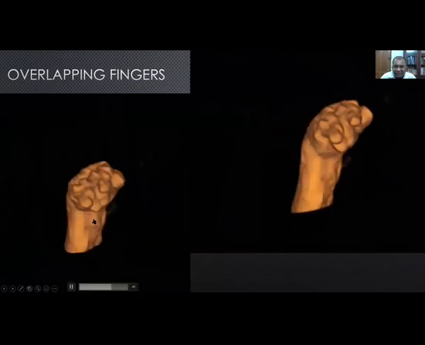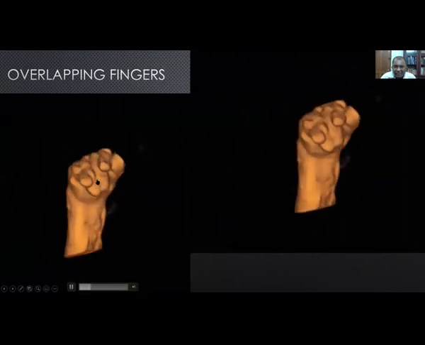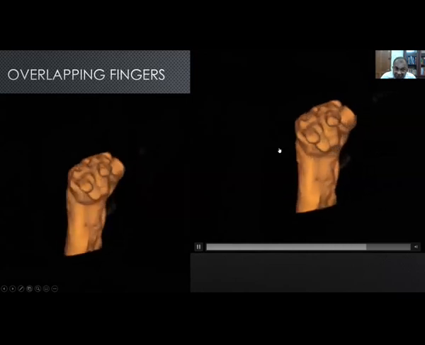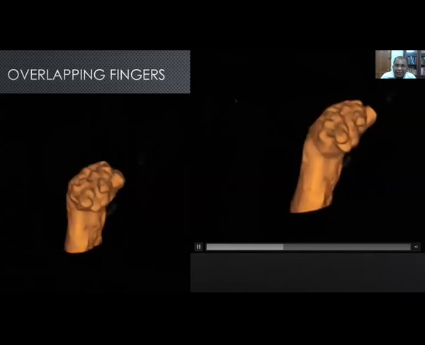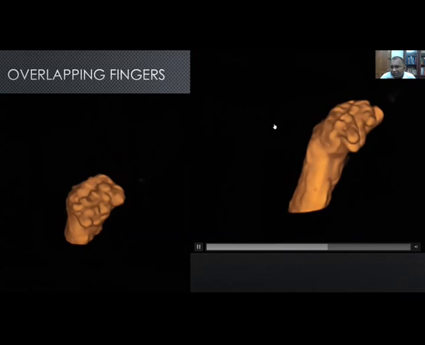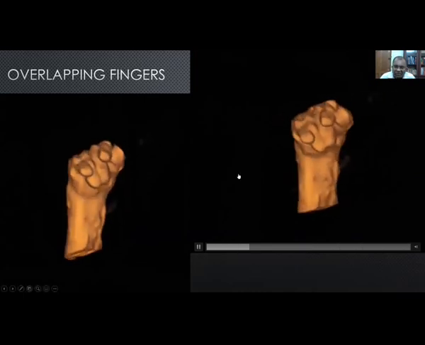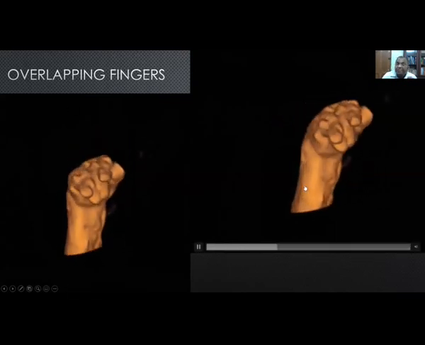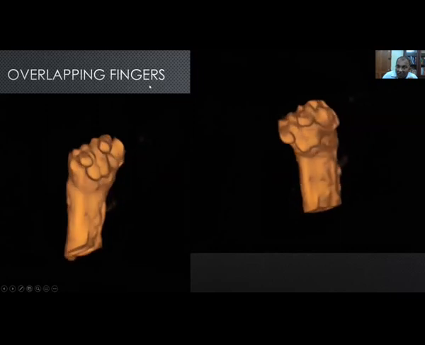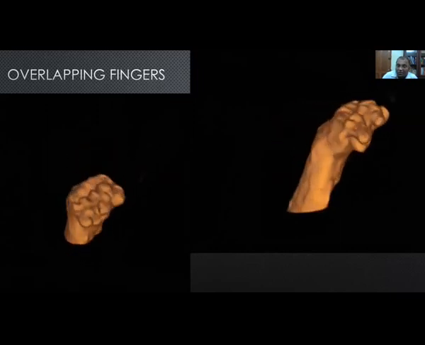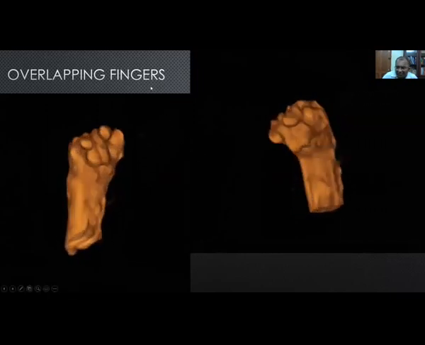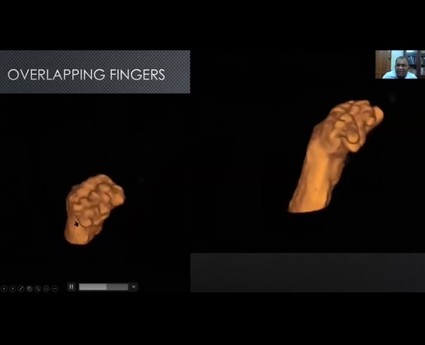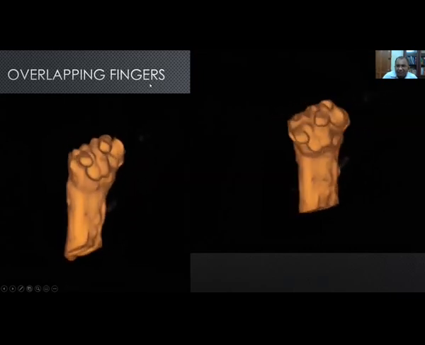Interdigitating fingers, overlapping fingers, or clenched fist. Diagnostic for trisomy 18. It is literally diagnostic. Clenched fist is also seen with other muscular and neurological malformations, but very typically seen with trisomy 18.